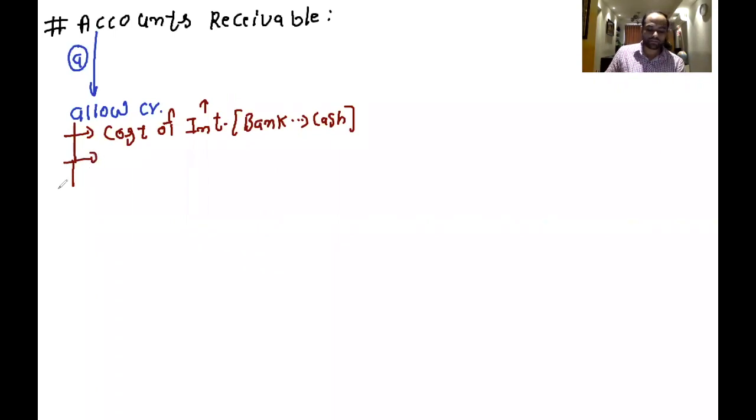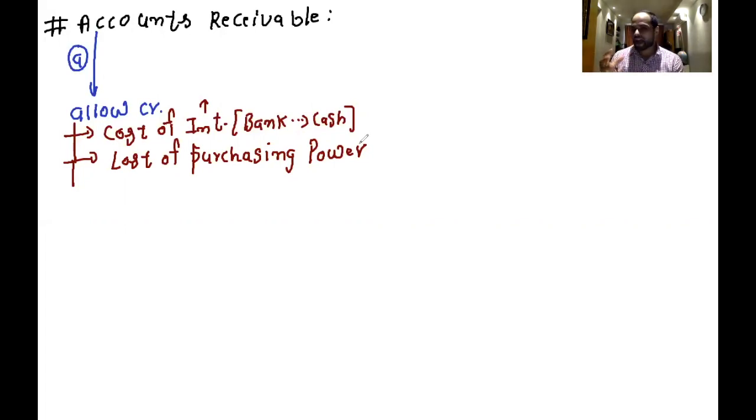The second problem is loss of purchasing power. Remember, if the company is holding cash or liquidity, that represents the company's purchasing power. Purchasing power means what you can buy.